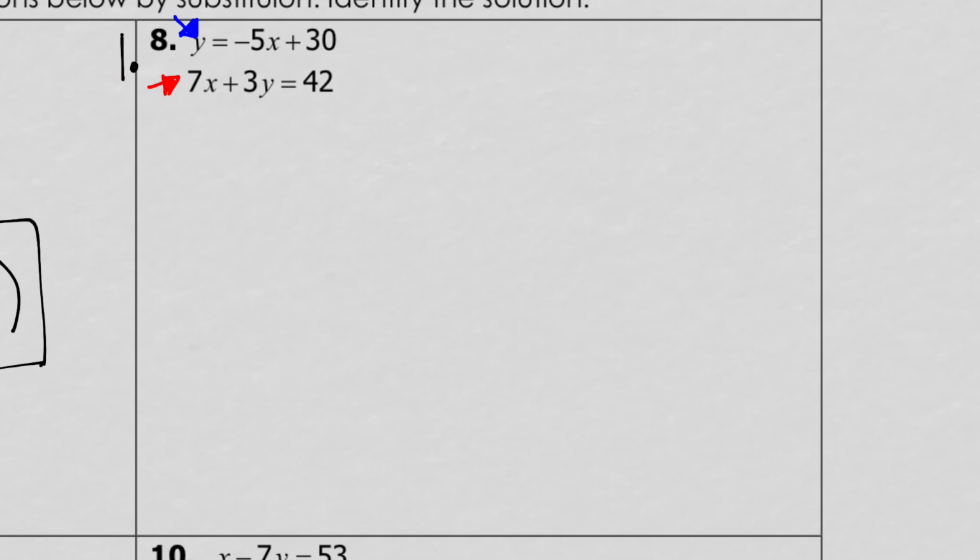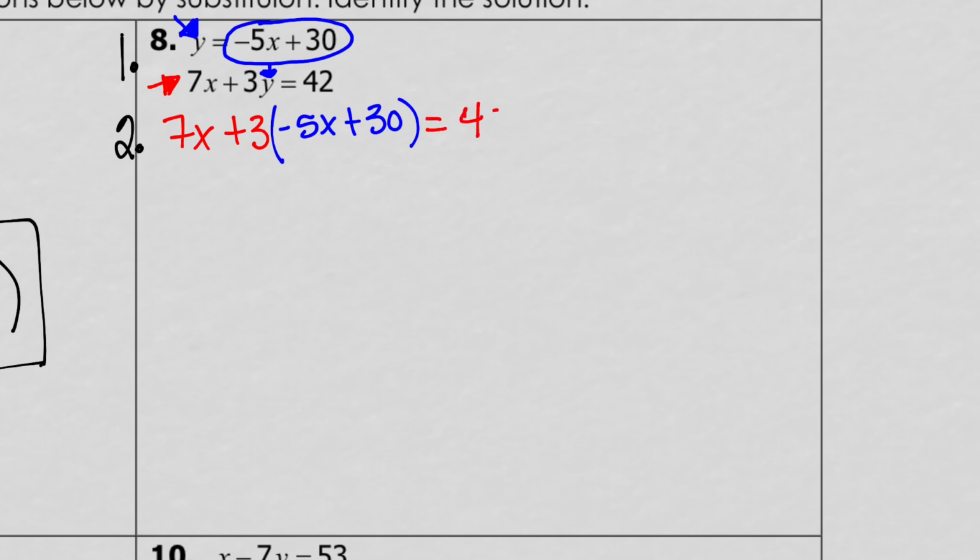Step 2 is to plug it in or substitute it in for that variable that it is solved for. So we're going to take negative 5x plus 30, and we are going to plug it in for this y right here. So we're going to get 7x plus 3 times negative 5x plus 30 equals 42. Then we are going to solve for x.